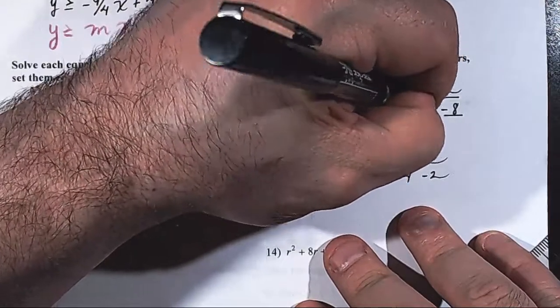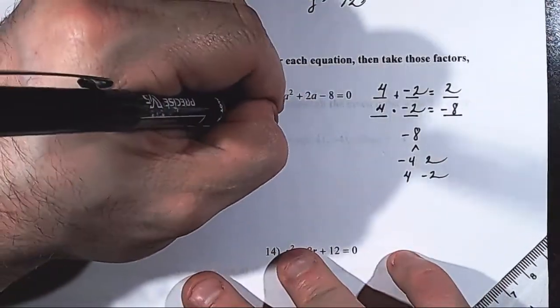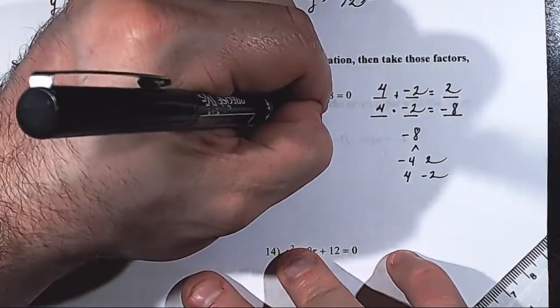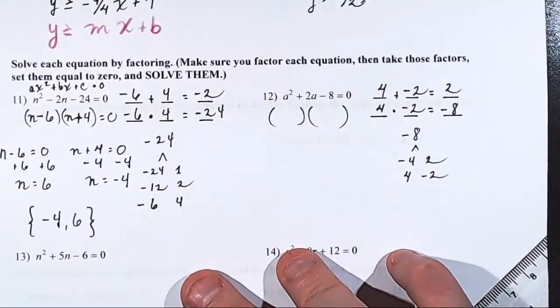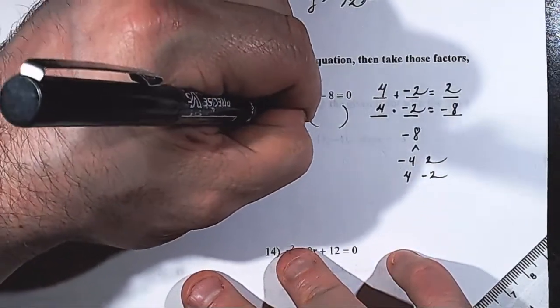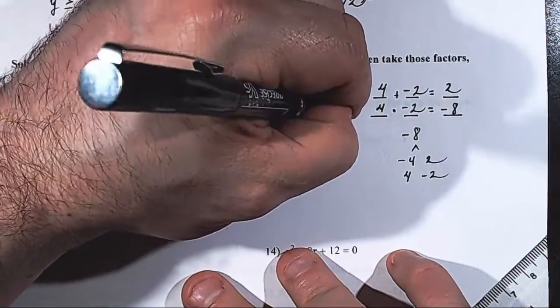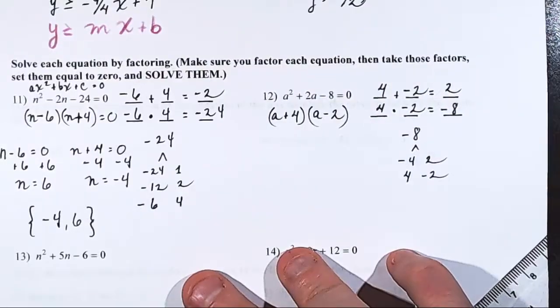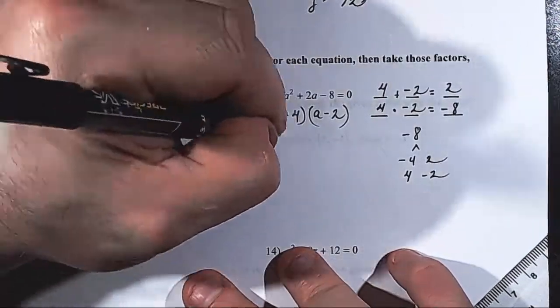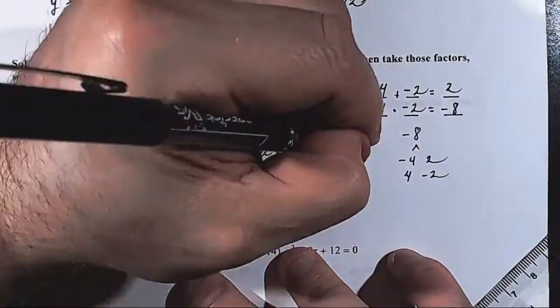4 and -2. Take your standard form quadratic and write it in factored form. In this case, we'll be using a's. So a plus 4 and a minus 2. And then we will set those factors individually equal to 0 and solve them.